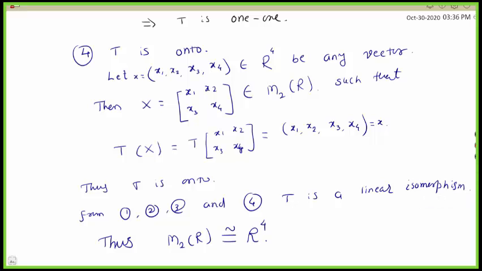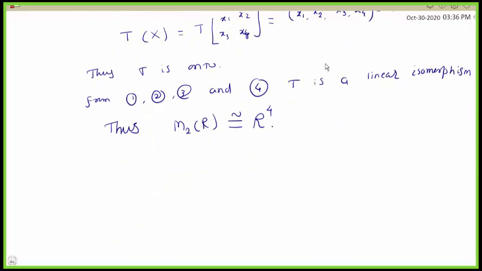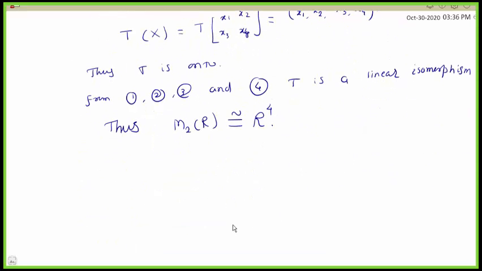Similarly, we can prove that any vector space MnR is isomorphic to R^(n²). Thank you, students.